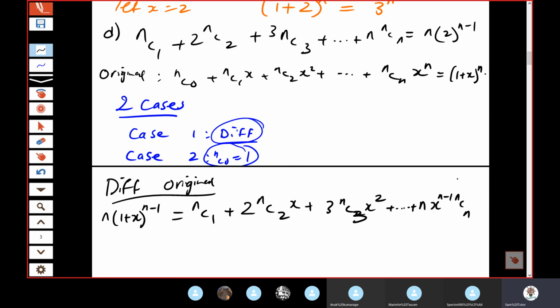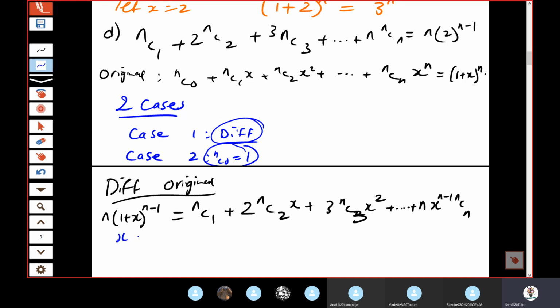Obviously, look what we wanted: n choose 1 plus 2 n choose 2 x, 3 n choose 3 x squared, plus dot dot dot plus n times x to the n minus 1, n choose n. And we need it to be n times 2 to the n minus 1. I have n times 1 plus x to the n minus 1. What's my next line?